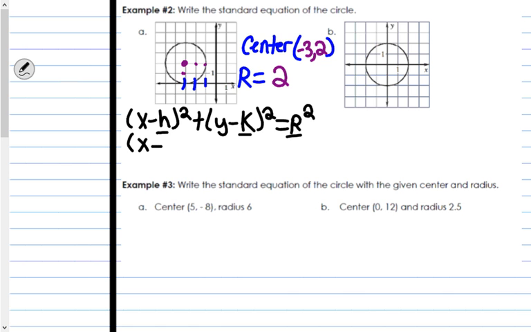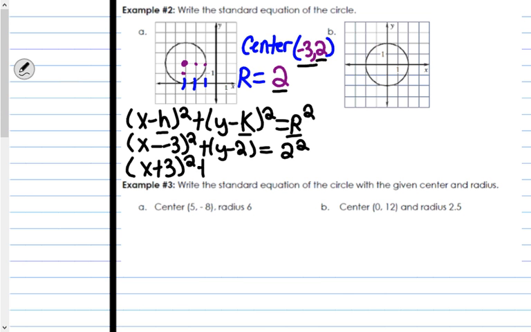So x minus my h, which is -3, squared, plus y minus my k, which is 2, squared, equals my r, which is 2, squared. (x + 3)² + (y - 2)² = 2², which is 4. And that is your answer.